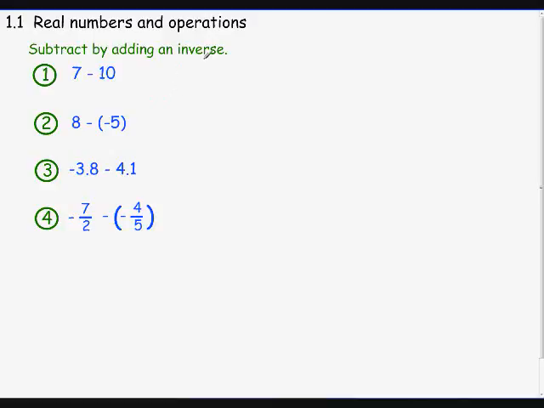Subtracting by adding an inverse. Here we're interested in something called the additive inverse, which is merely changing the sign. So if I want to convert this, subtract by adding. Sounds kind of silly, doesn't it? But we can do it.